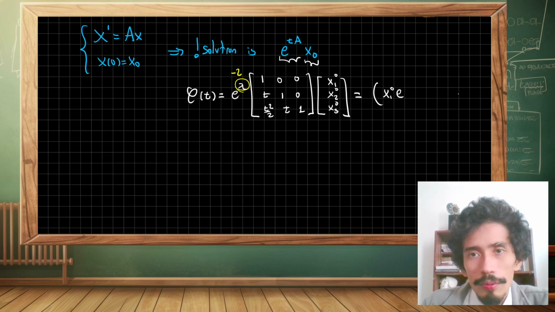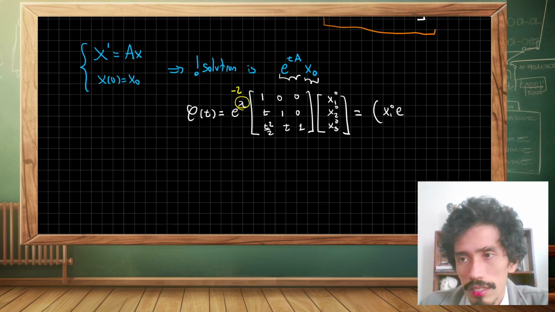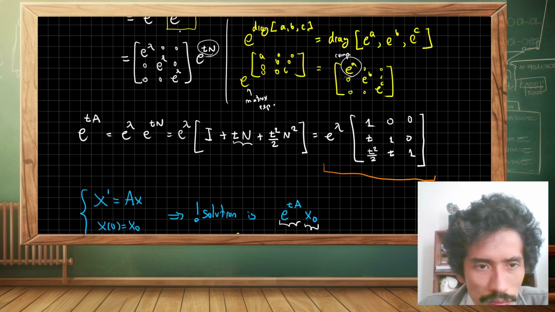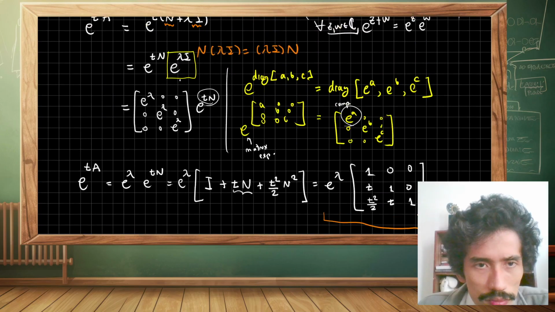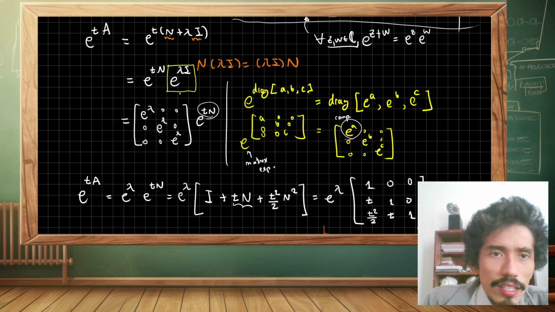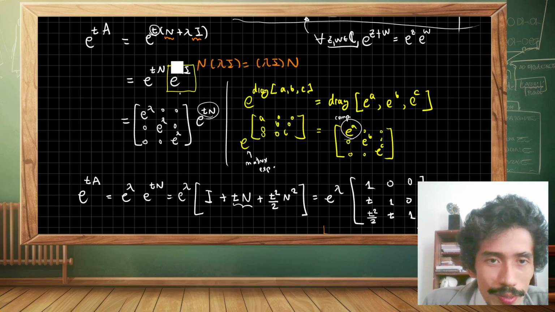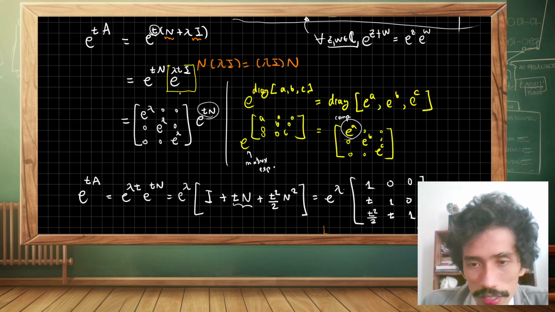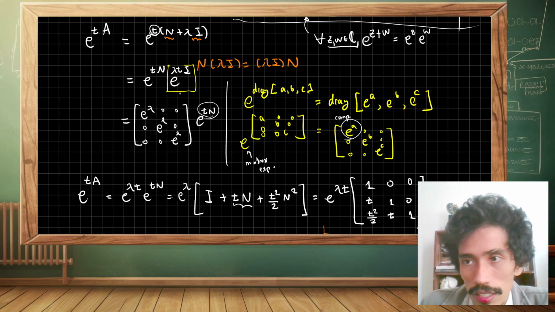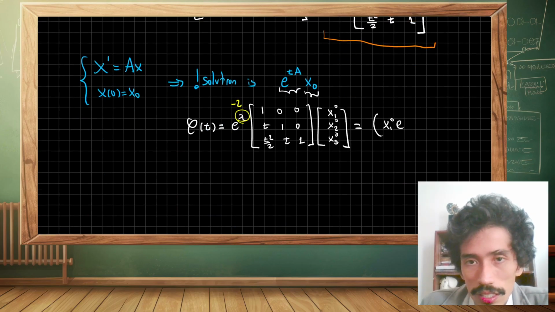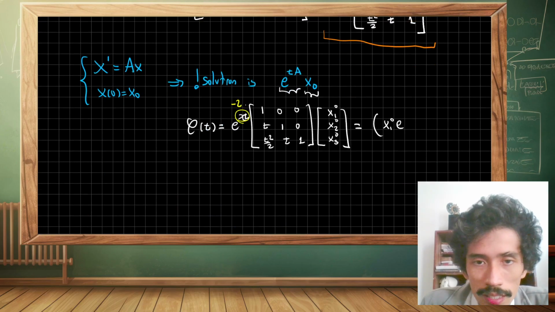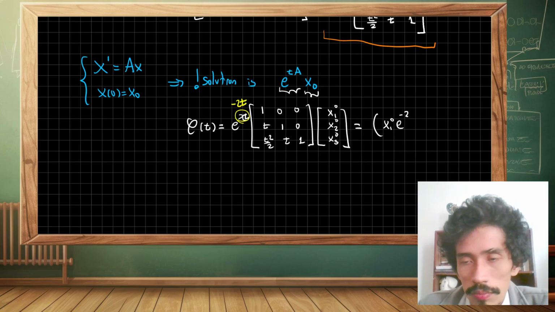Oh, wait. I think there's a mistake here. Oh yeah, I forgot to write this term t. When you multiply it, it's lambda t identity matrix. So this is lambda t, and this is also lambda t, so this is -2t.